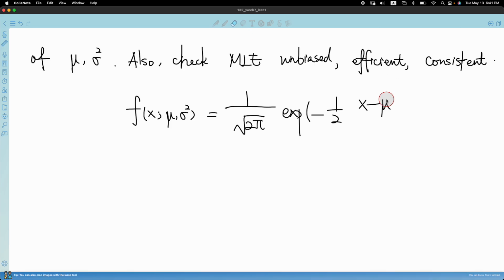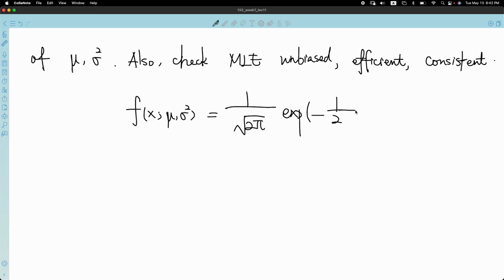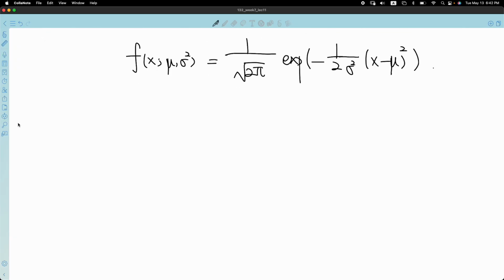You can write a different notation, but this is the one I'm going to use for now. So I'm going to put the sigma square here and then put the (x minus mu) squared here. You can also bring the sigma square inside this one if you want, but this is the one I'm going to use. Okay, so let's find the MLE for mu hat.